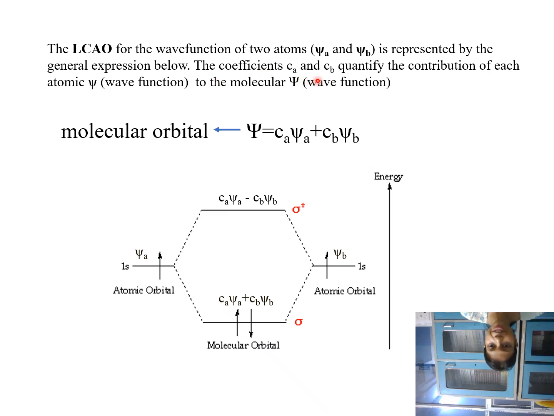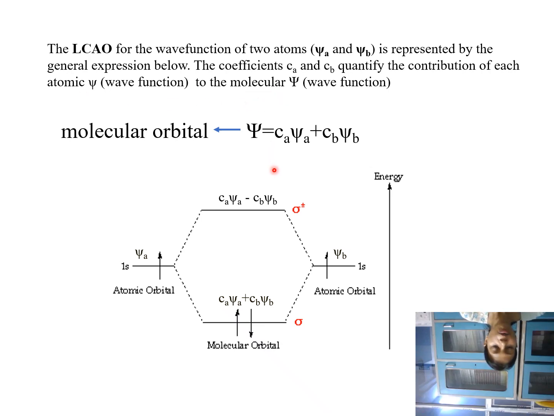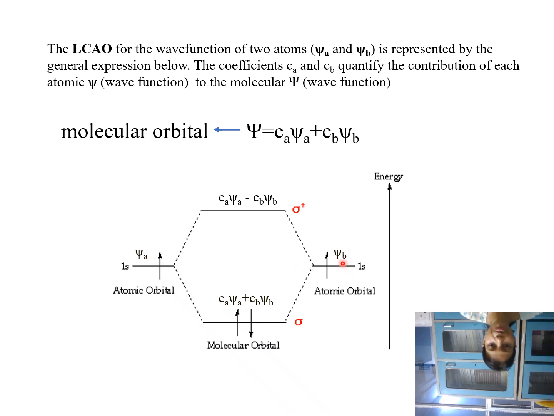These are the coefficients which quantify the contribution of each atomic wave function to the molecular wave function. What does that mean? When a molecular orbital is forming, these atomic orbitals can have the same contribution or different contributions to form the molecular orbital. When they have the same amount of contribution, it will be 1 and 1. When they have different contributions, different values will come.